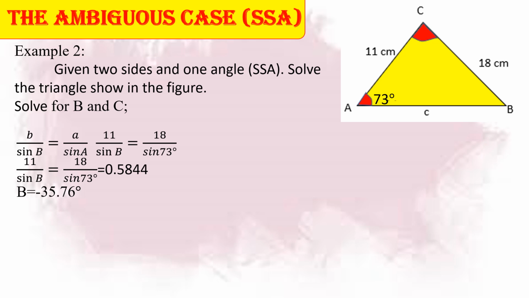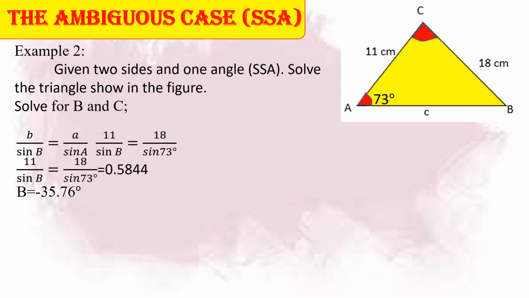The answer will become 0.5844, and let's get the degree. Then B is equal to 35.76 degrees. Next, we will be looking for the measurement of angle C.